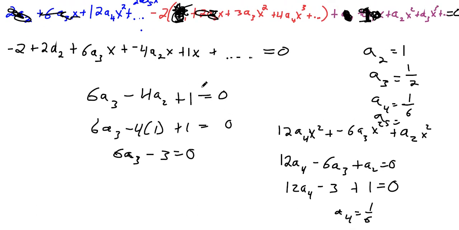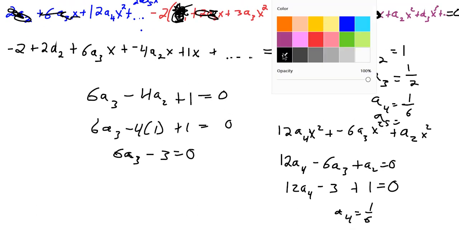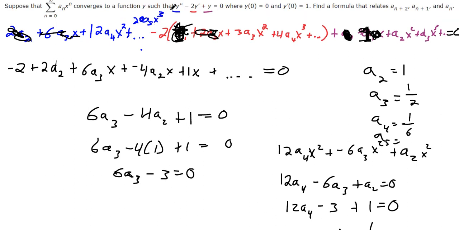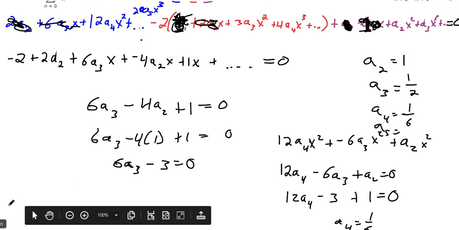Okay, and I think we've got what we need to make one more little equation. If you take all the terms that are x to the third, they have to have coefficients so that they cancel out, so that it can equal 0. Oh, sorry, we forgot to distribute the -2. -2 times 4 makes -8a sub 4 x to the third.